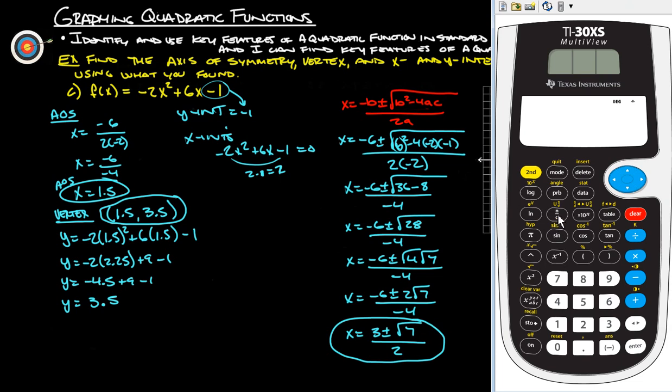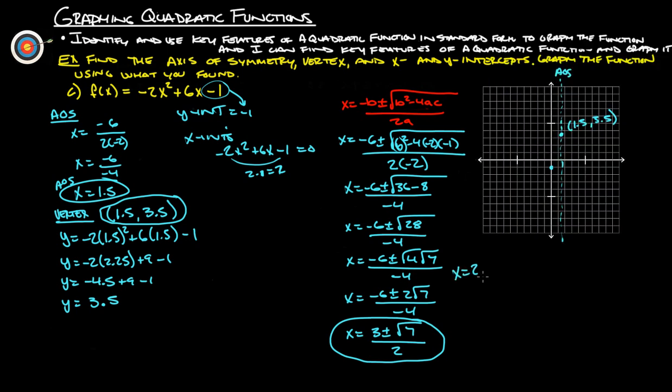So let's do a fraction here, and we're going to do 3 plus square root 7 over 2, and we get an unhelpful answer, but then we push this little button here, we get 2.8, we'll call it, because we can only get so fine on this one here. So we got 2.8, so there's one of our x-intercepts.